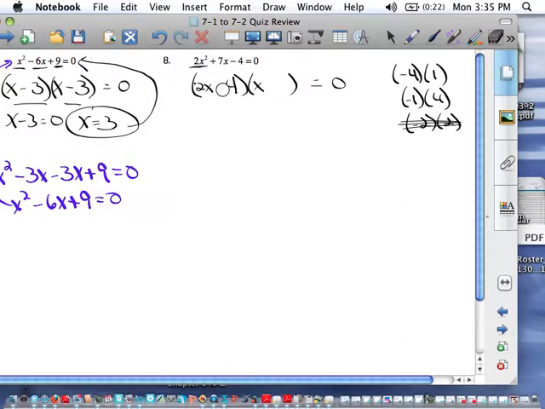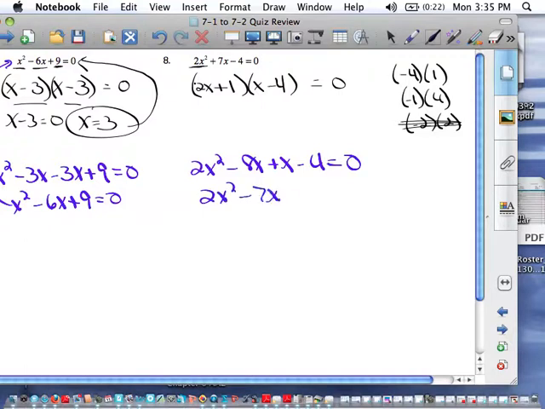I'm going to move the -4x here and the +1 here. So when I FOIL these back, I'm going to get 2x squared minus 8x plus x minus 4 equals 0. So 2x squared minus 7x minus 4 equals 0. And I check, and holy cow, that's not right either.